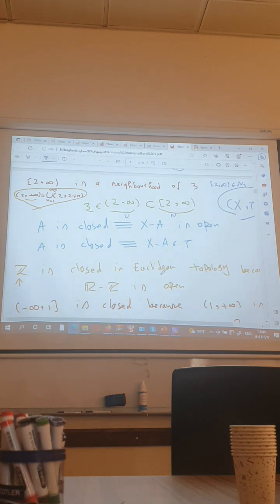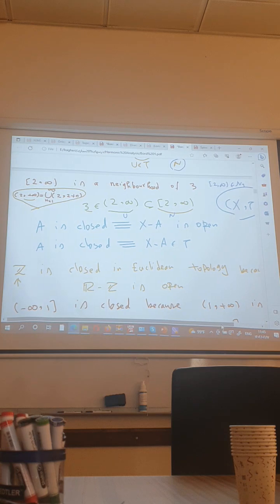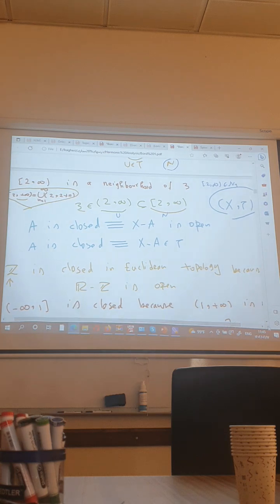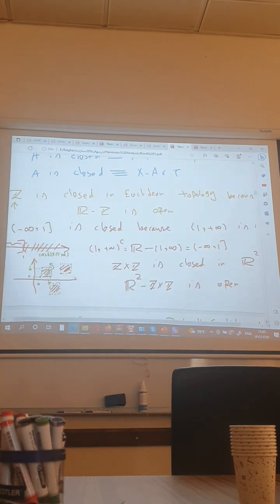Z is the integer numbers. This set is closed because its complement is an open set. The complement of Z equals R minus Z, and exactly equals this.